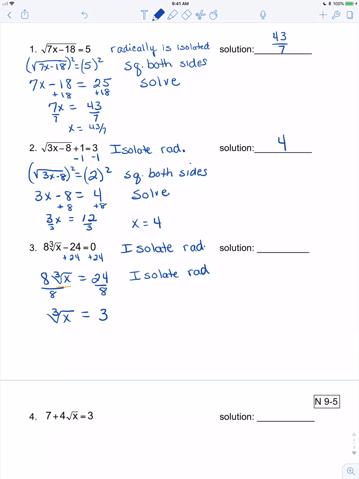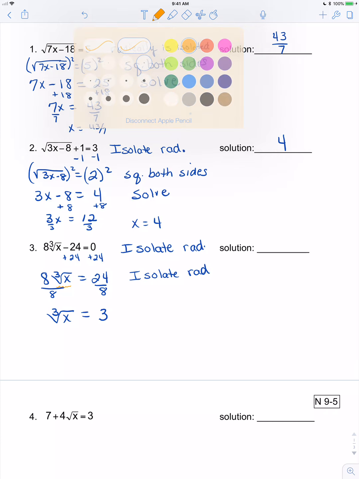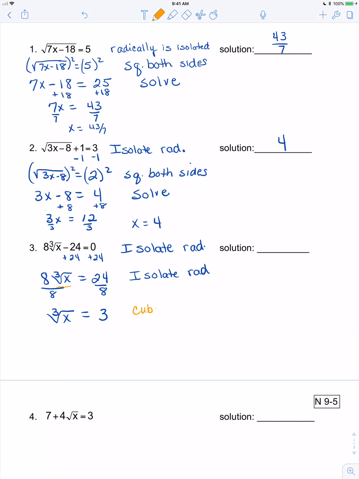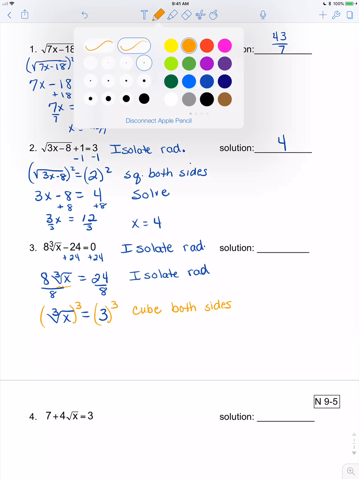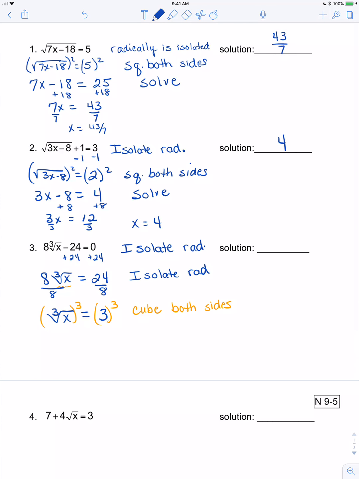So now this is a cube root, so we are going to cube both sides. We're going to take both sides to the 3rd power. That gets rid of that cube root, leaving us with just x.